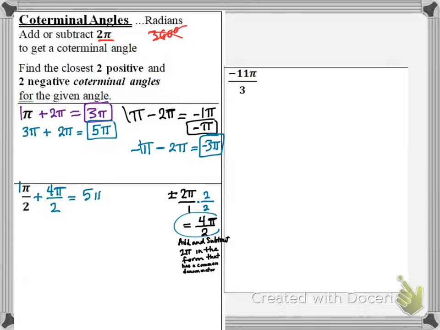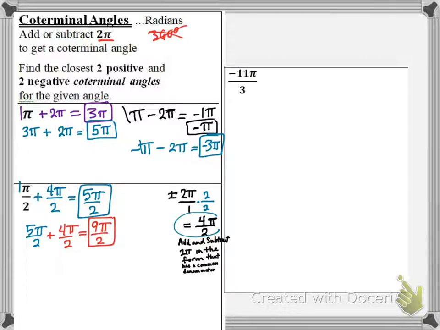I have 5 pi over 2. There's a positive that's coterminal to that. I need another one. So I'm going to take that same 5 pi over 2 and I'm going to add to that a full circle, which is 4 pi over 2 in an easier form to deal with, which makes 9 pi over 2.